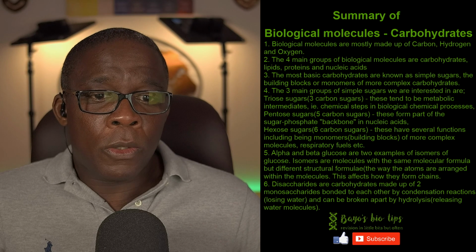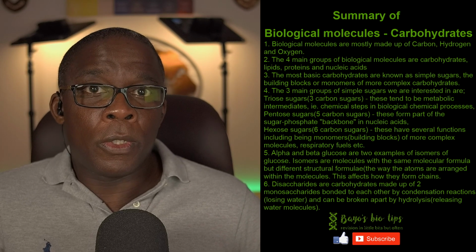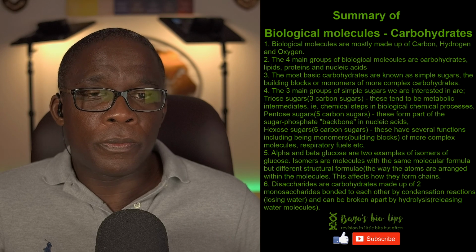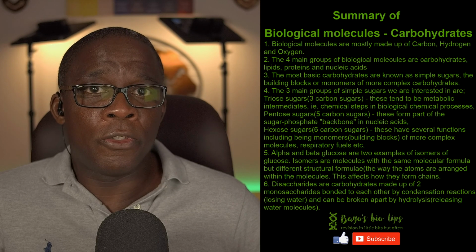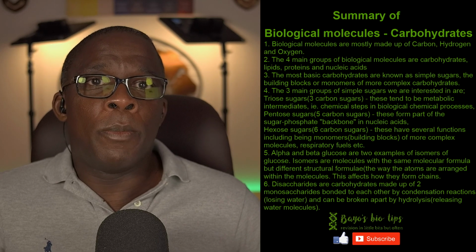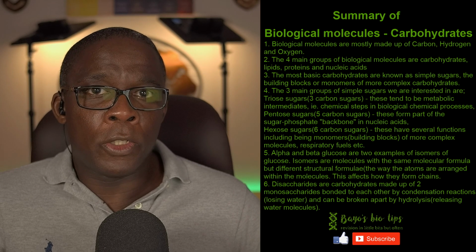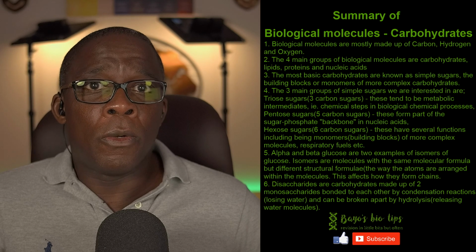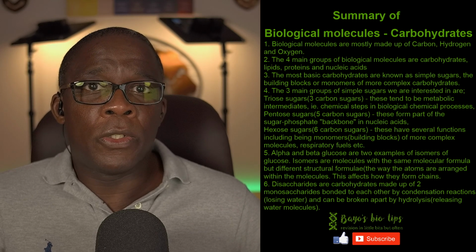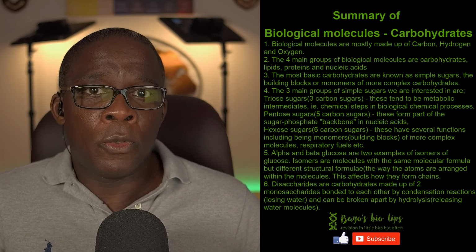And then we went on to talking about isomers of glucose. We focused on alpha and beta glucose. So alpha and beta glucose are isomers of glucose because they both have the same chemical formula, C6H12O6, but their constituent atoms within the molecules are arranged differently, so they have different structural formulae. Why is that important?